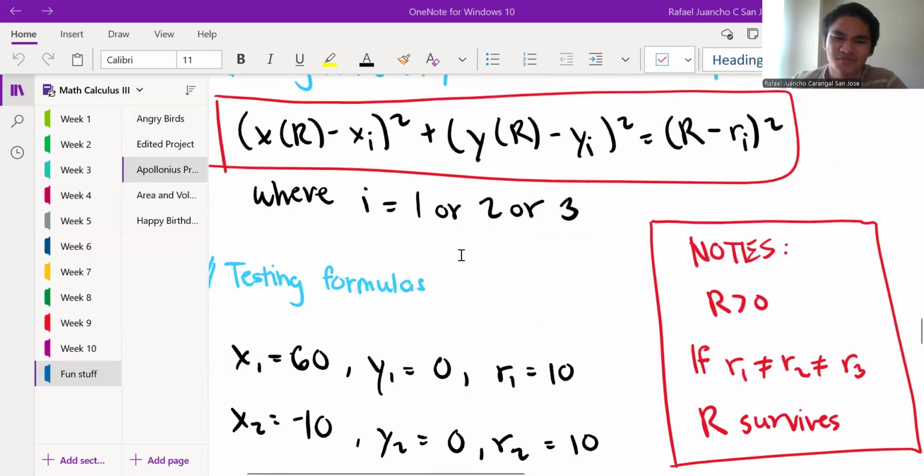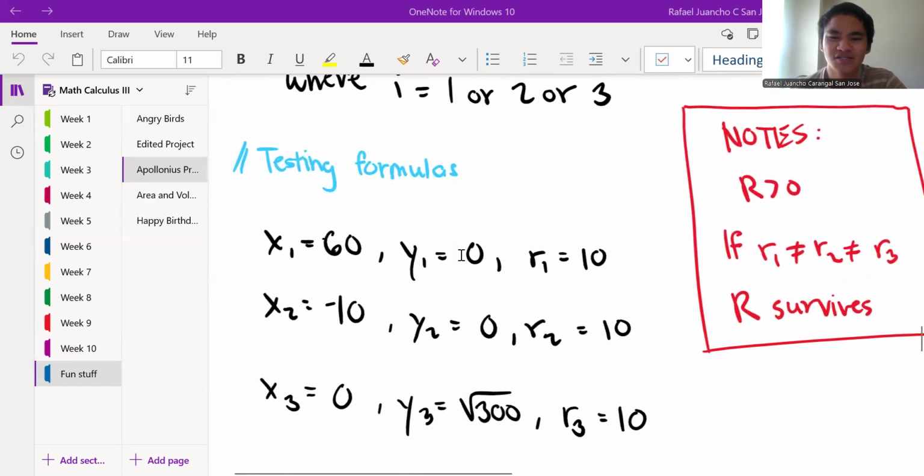And so there are some numbers that worked here. I did try to test some of them. And one of the cases was that if my big R, the radius of the outer circle, is greater than 0, and let's say my radius of each inner circle is not equal, then my R survives.